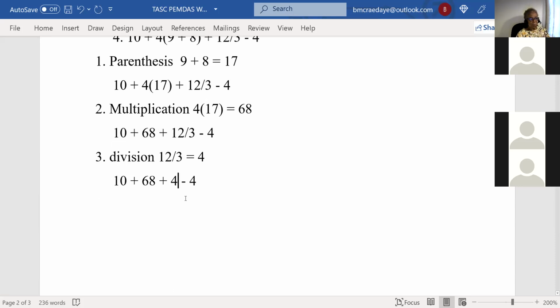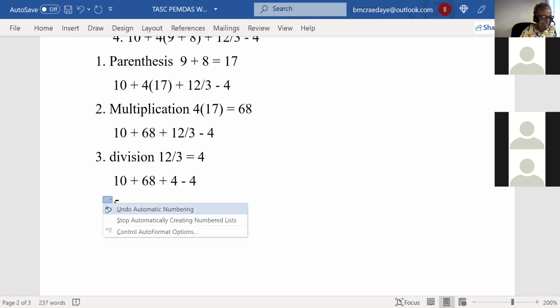Okay, because you have a 4 plus and a minus 4, it gives you 0, right? Well, you should be going left to right, actually. I just looked at it and I said, you know what, get rid of that. I know, it's okay. But you're going left to right. So you're going to do what?